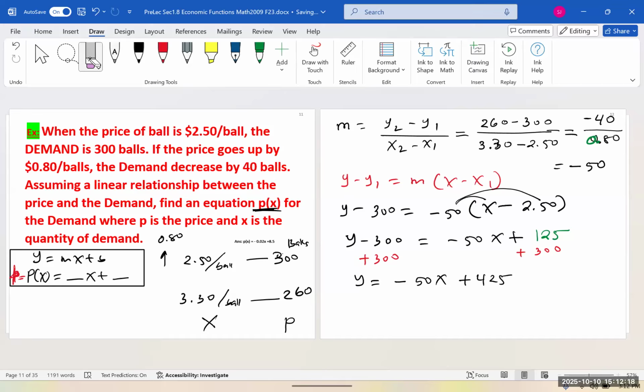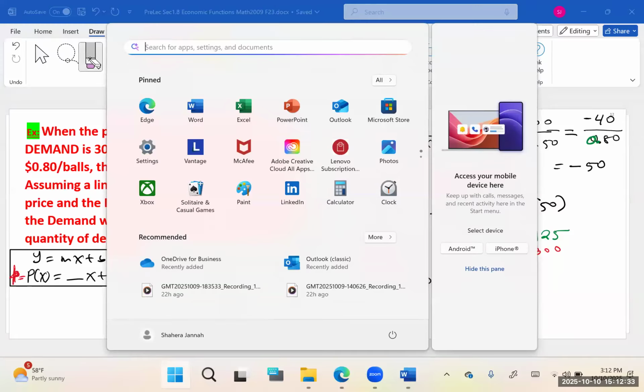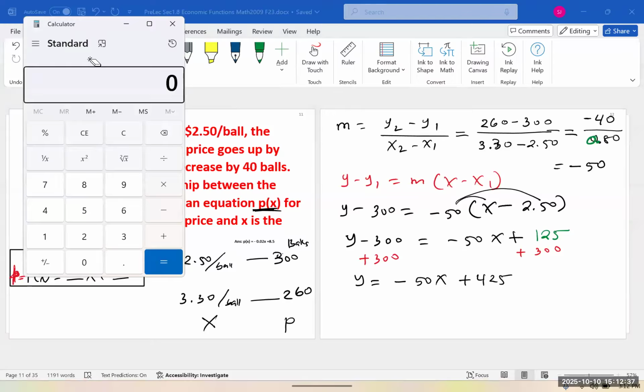So 80 cents and 20 balls. Oh, they did it the other way around. Calculator, where is my calculator? They did 0.80 divided by 40.